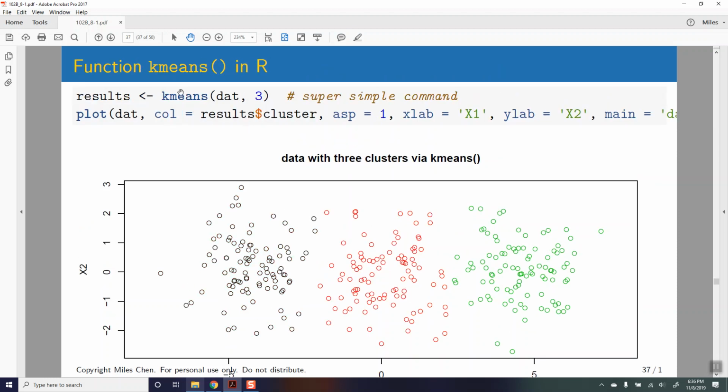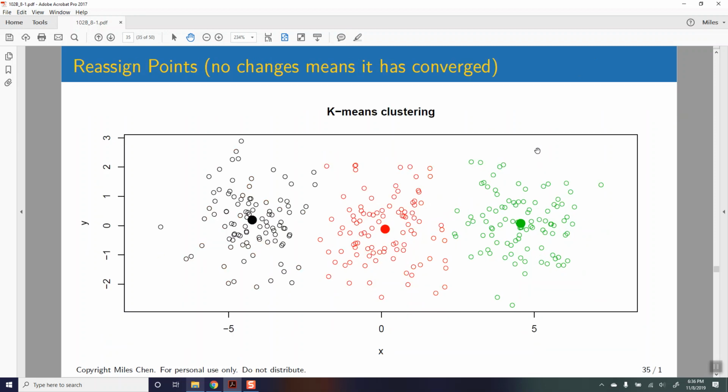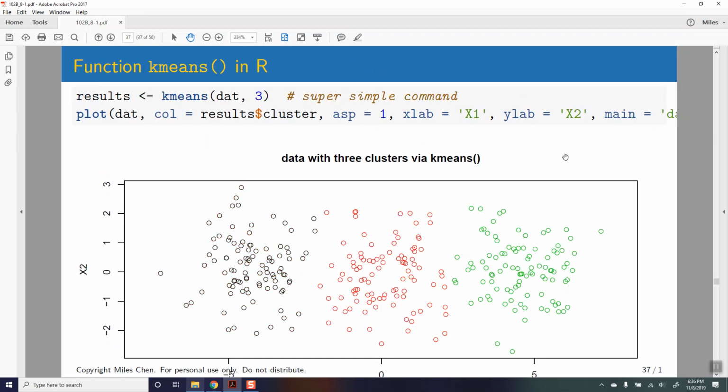R has a function called kmeans. It's really easy. You just do kmeans, you throw in your data, you say I'm looking for 3 clusters, and then you store that as the result, and then you can say where are my clusters, and boom, there you go. It's the same results there.